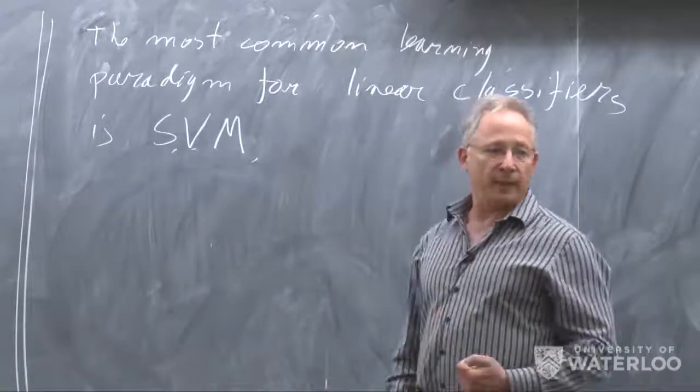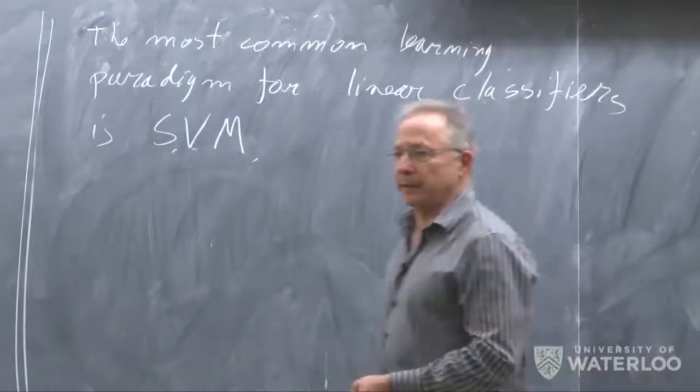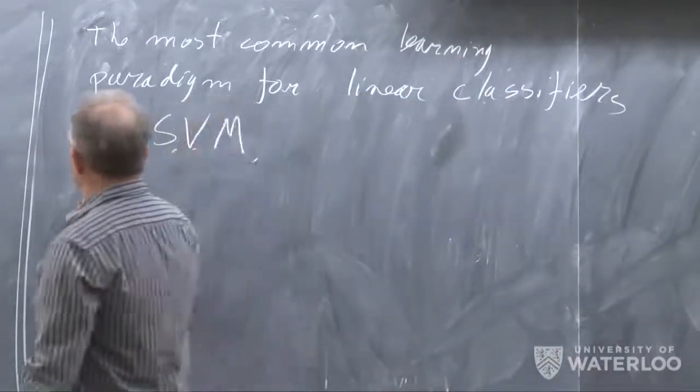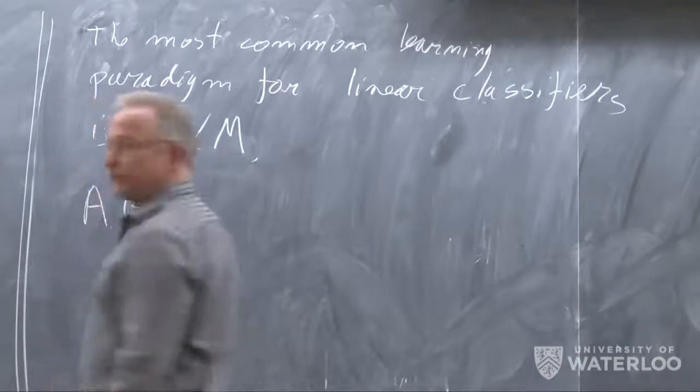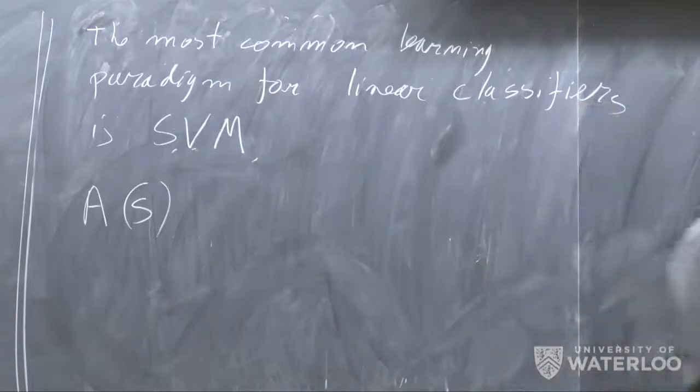What is the SVM paradigm? The SVM paradigm is the algorithm that works like this. A of S: you get a labeled sample S, and A of S is trying to find a half space.